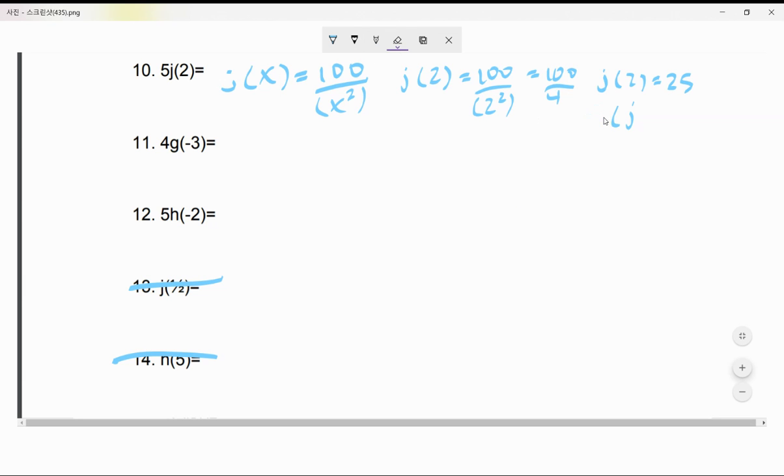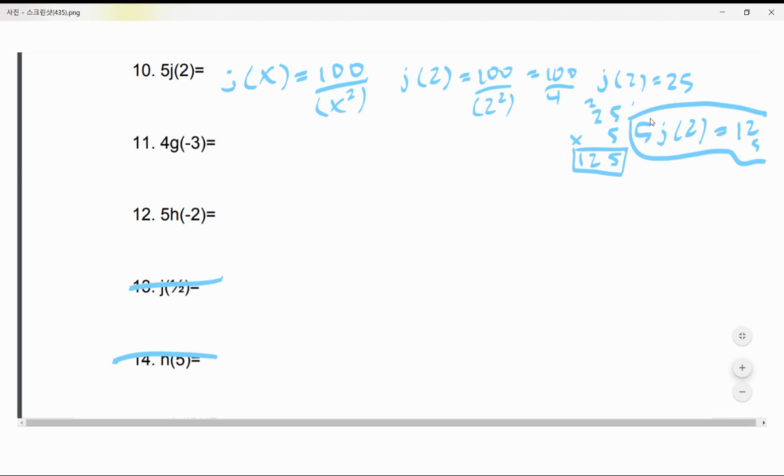So they're telling us to multiply 25 with 5. And 5 times 25 is 125. So the final answer would be 125. So 5 j(2) equals 125. Okay?